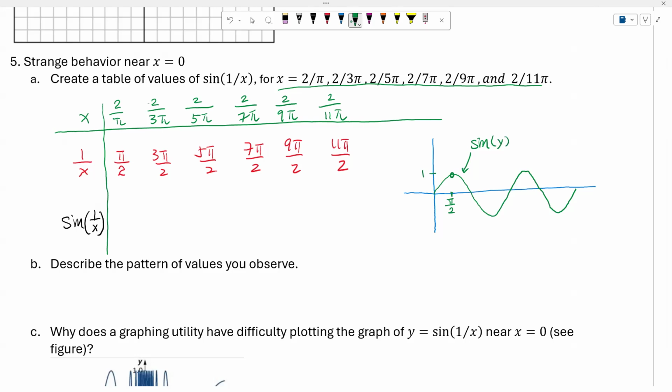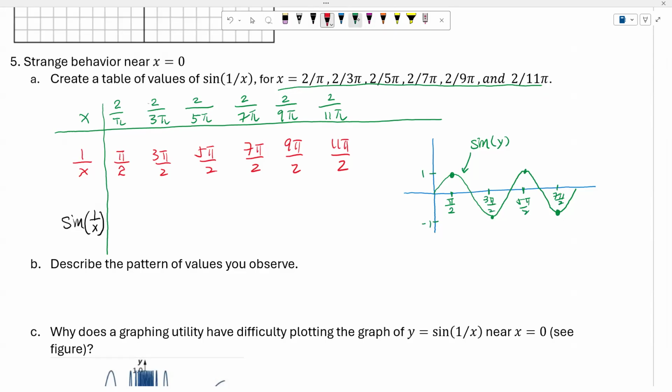Maybe I call this y. So when the input is pi over 2, then my output is 1. When it is 3 pi over 2, the output that I have is -1. And then 5 pi over 2, 7 pi over 2.